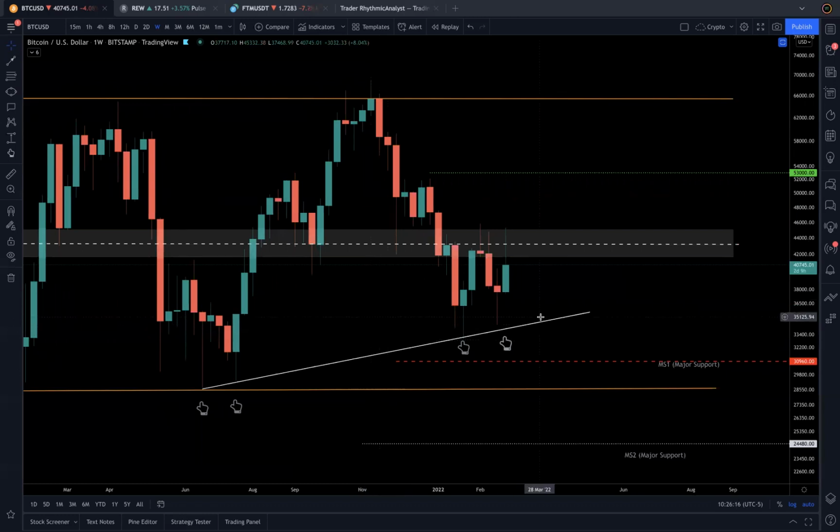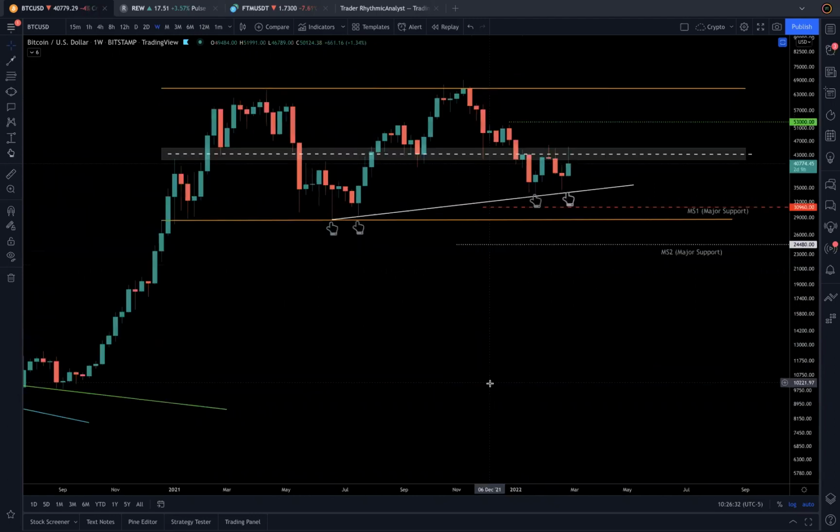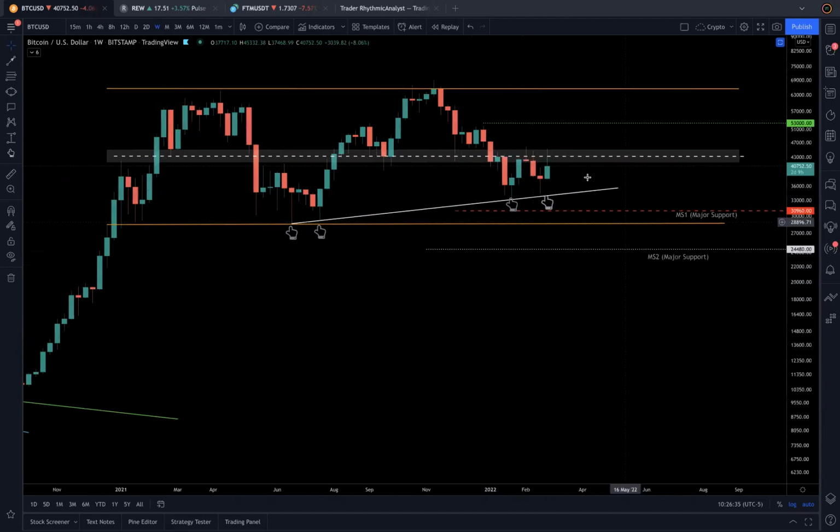What all levels need to be tracked? I would say on a weekly, the first level is the low or opening, which is the most important, then this one, then this one, and of course ultimately this one, and so on.